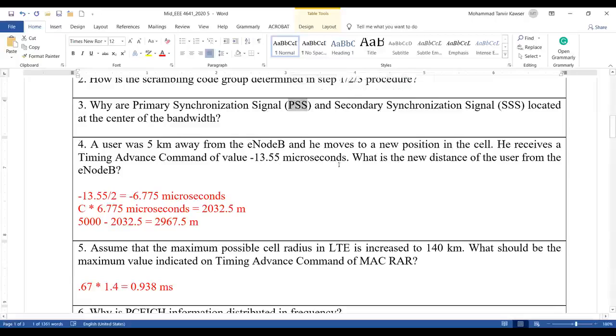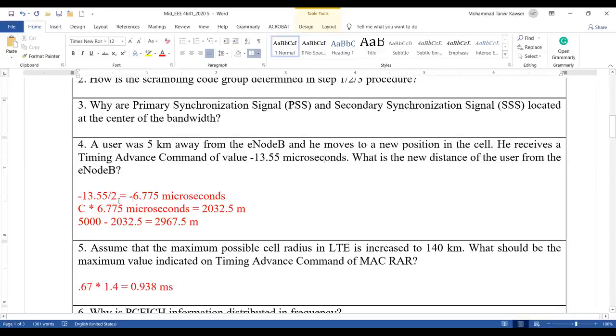The fourth question was not difficult. The timing advance command, okay, you send for adjustment. When it is positive, then of course you have moved further away, so you increase the timing offset, and if it is negative, we have got closer.